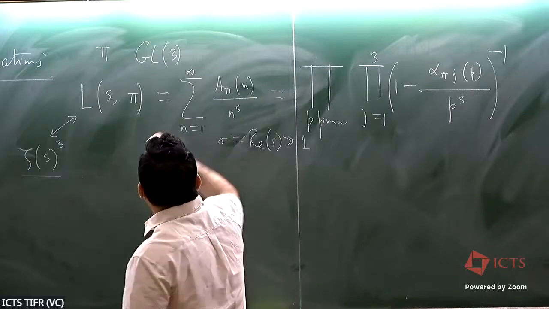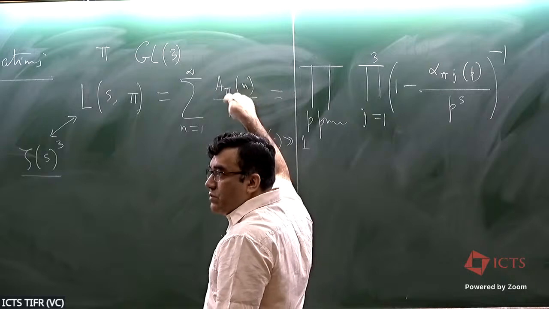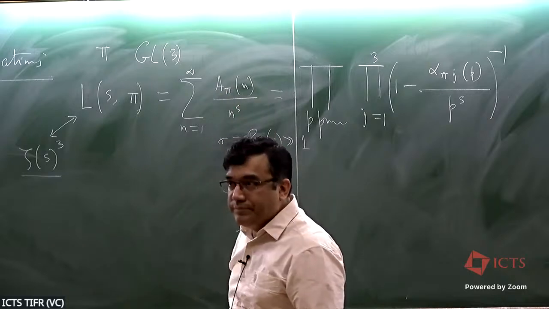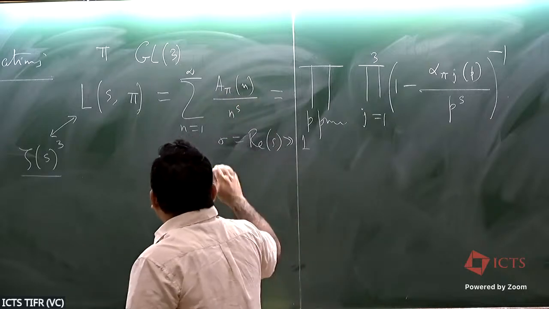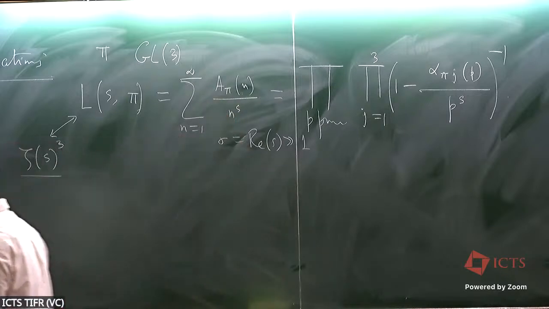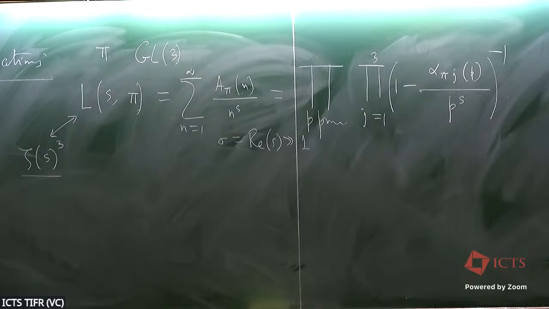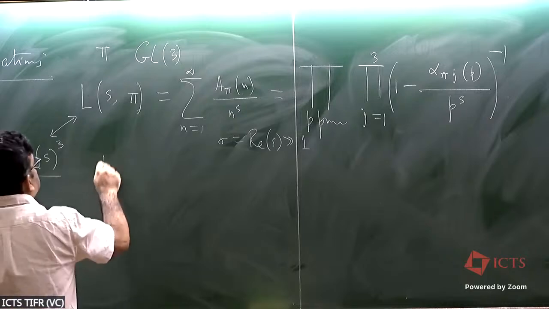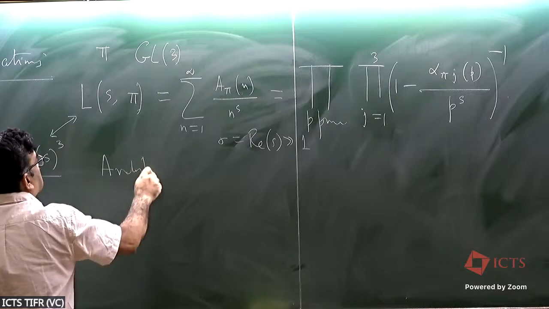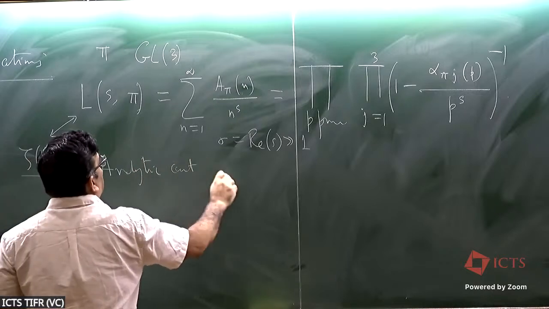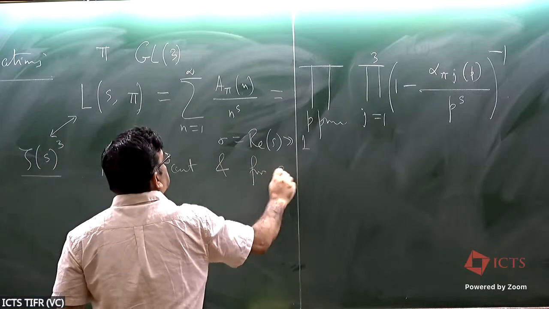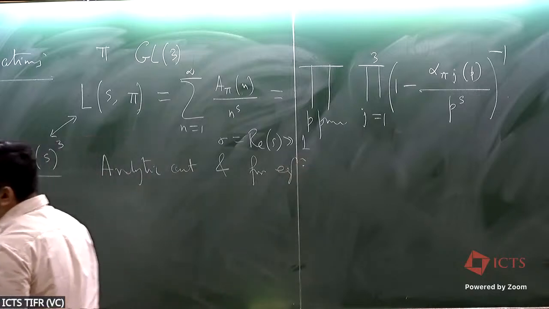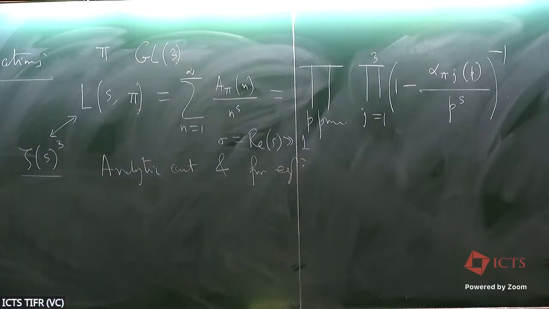The d3 n's are replaced by A pi n's, which are much harder to explain. These are, of course, related to some very non-trivial representations. So it has analytic continuation and functional equation.